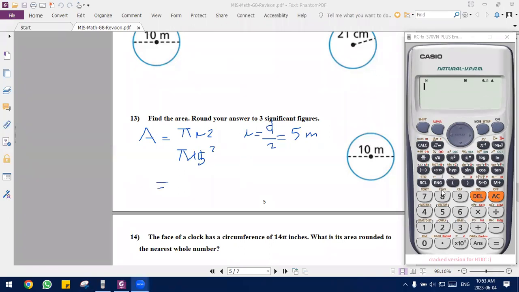Let me do it on the calculator. We said 3 significant figures, so I need to take the first 3 digits and then do the rounding. 7, 8, 5. This is 3 digits. Now we do the rounding. I check 3. 3 is rounded down. So 78.5. Don't forget the unit. This is area, so meters squared.